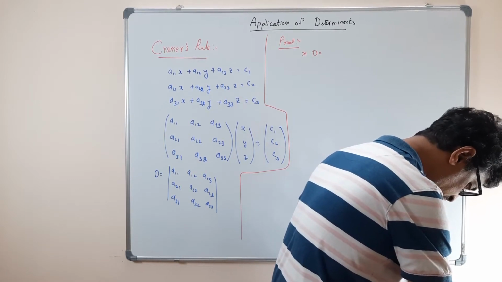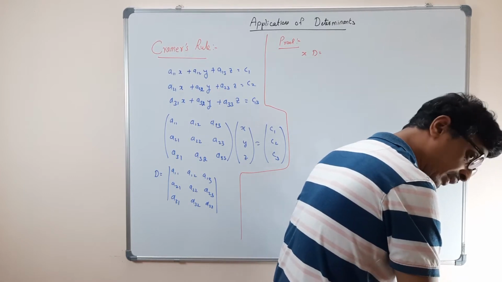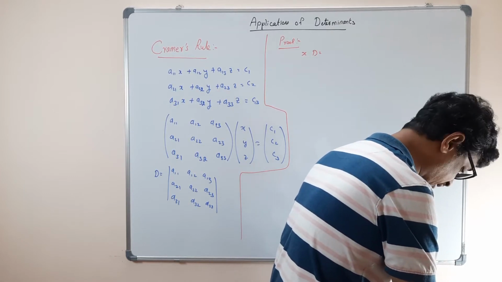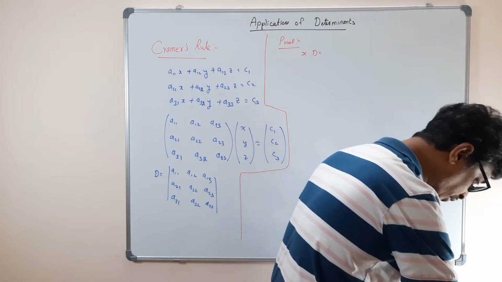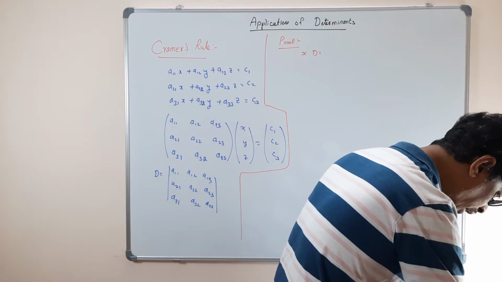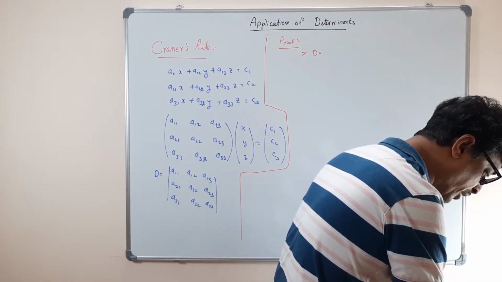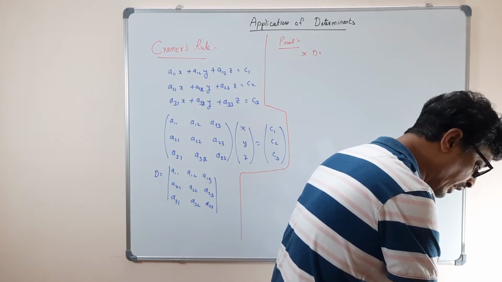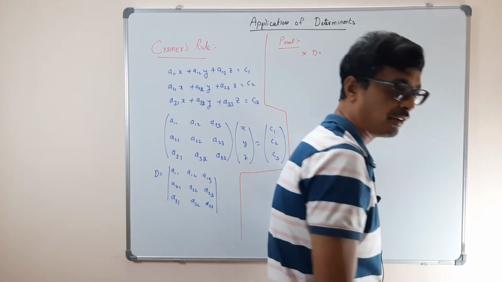If each element of a row or column of a determinant is multiplied by a constant k, then the value of the new determinant is k times the value of the given determinant.